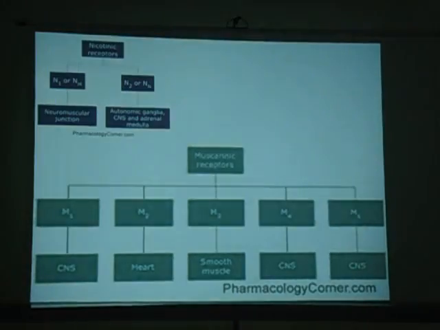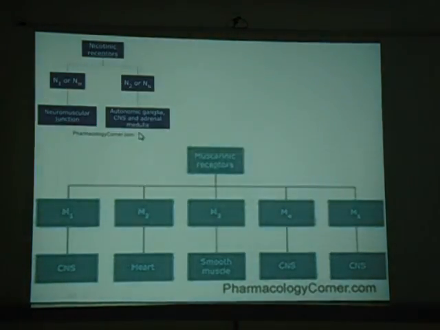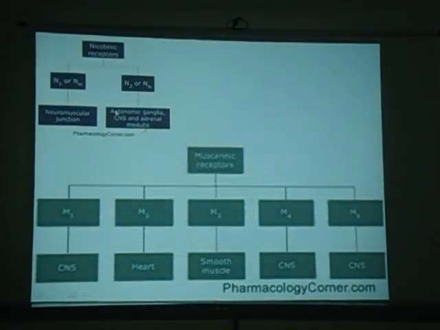This parasympathetic system, we can divide into nicotinic and muscarinic receptors. N1 or NM, we have at the neuromuscular junction. N2 or NN, nicotinic neuronal, we have in autonomic ganglia, CNS and adrenal medulla.